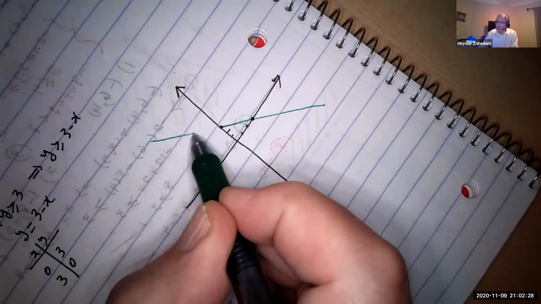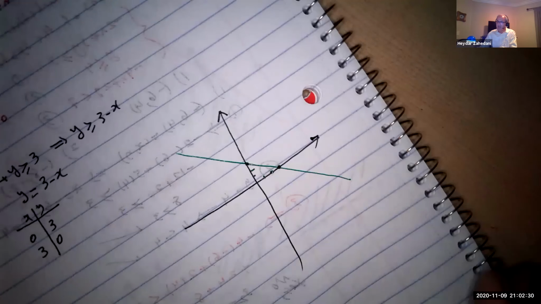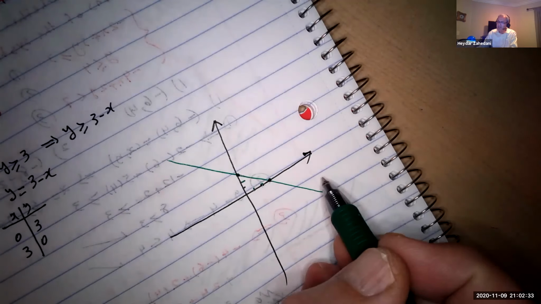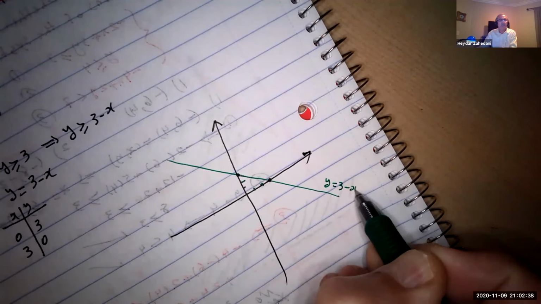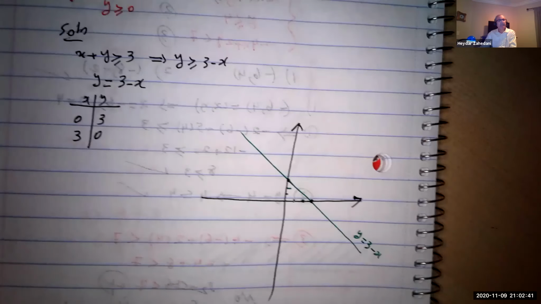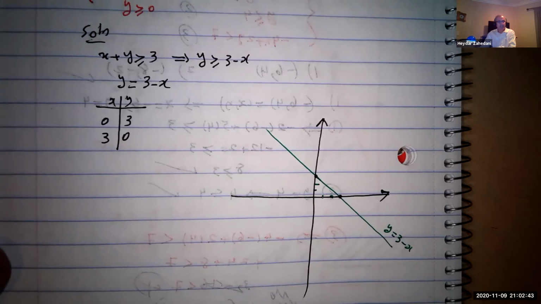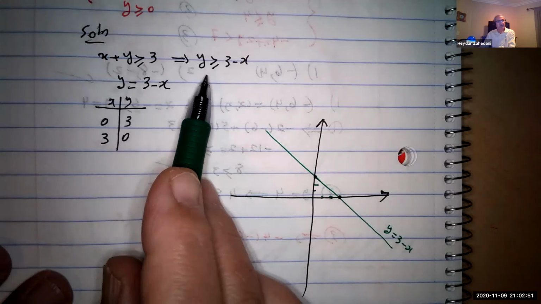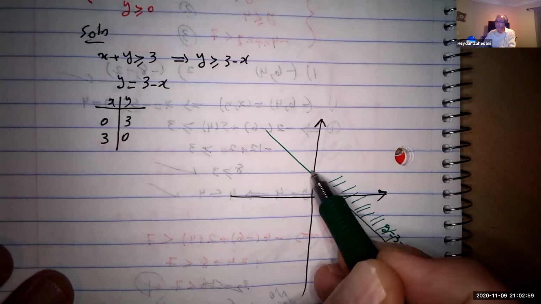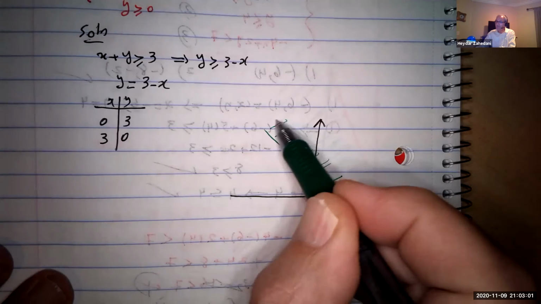Identify that this is the line that you are interested in, y equals 3 minus x. Now we can identify the region of the solution. This is y greater than or equal to, so the region of the solution is going to be up here. This is the first part.